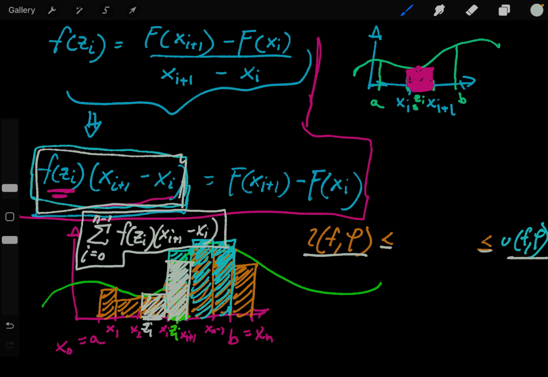So it could be equal, which is fine, but f of z_i will be somewhere between the max point in that interval and the low point in that interval, which makes this area somewhere between the area of the low rectangle and the high rectangle. The lower area rectangle to the higher area rectangle.